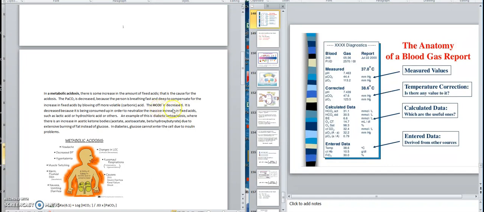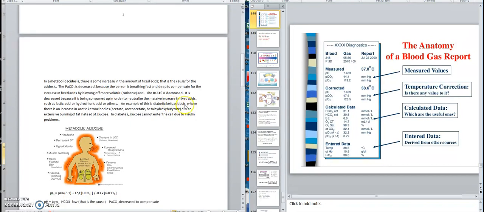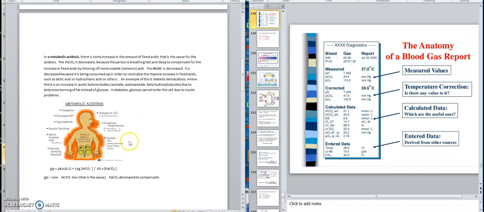The bicarb is trying to hold on and nullify some of these acids, these fixed acids. An example of that is diabetic ketoacidosis. Look it up online. Now, the pH is low. Okay.